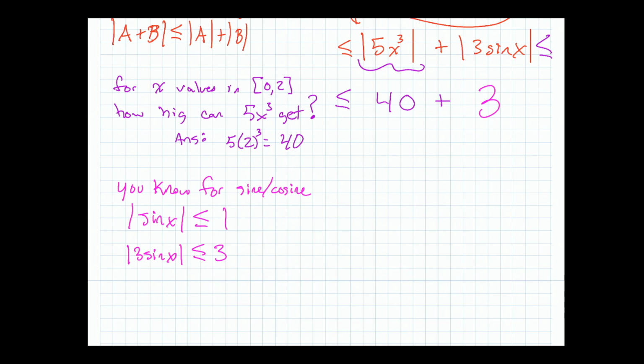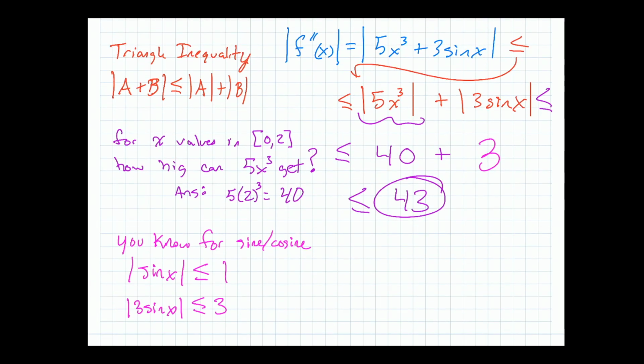So then overall, how big could this be? Just 43. Do you see how to do that? You break it apart and you look at the parts separately. For 5x cubed, the biggest that could be is 40, because on 0 to 2, this is as big as it gets.